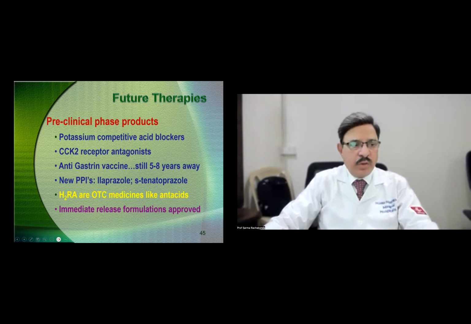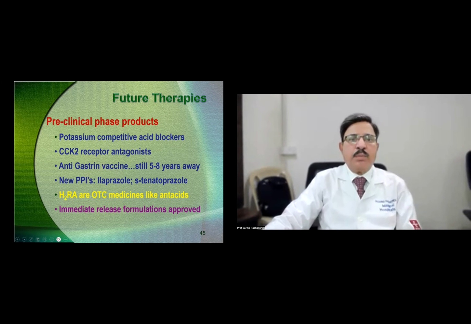Okay. What are the future therapies? Potassium competitive acid blockers are coming. Cholecystokinin 2 receptor antagonist, anti-gastrin vaccine. Anytime it can come, and for the anti-gastrin vaccine, a lot of research is going on.